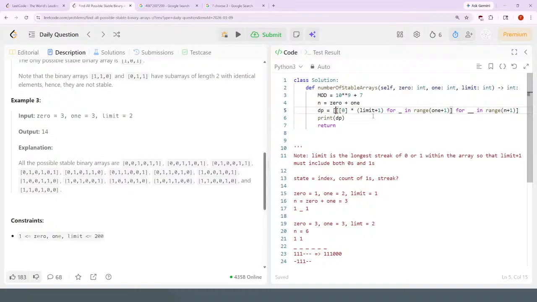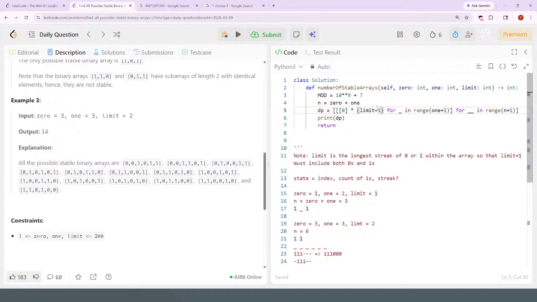Current streak of zeros could go, so if it's 2, then it could be at 0, maybe that should be limit times 2, because it could be a streak of up to 2 on the ones or 2 on the zeros.